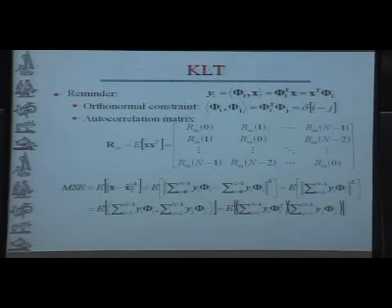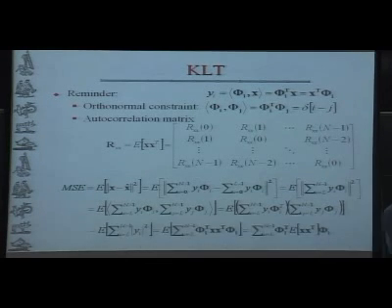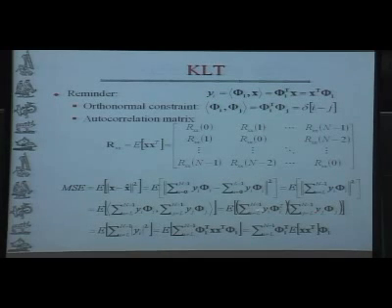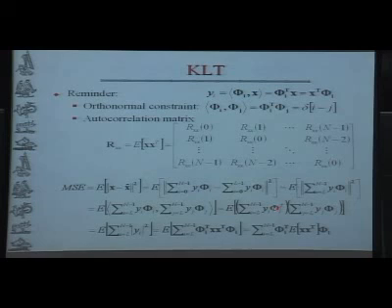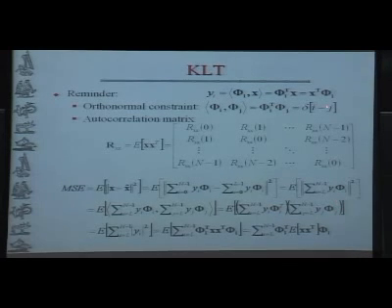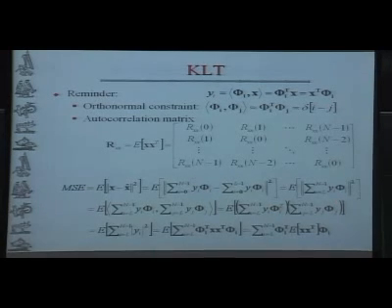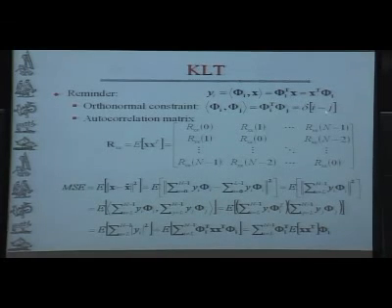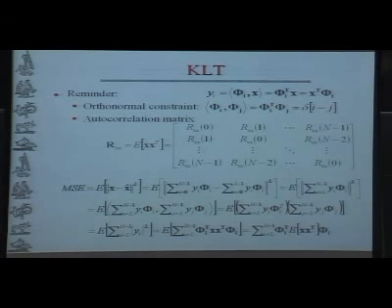It's just standard manipulations of matrices and vectors. Next, since phi_i dot phi_j gives me delta i minus j, what I pick up is only the terms on the diagonal, because the off-diagonal terms automatically get eliminated.